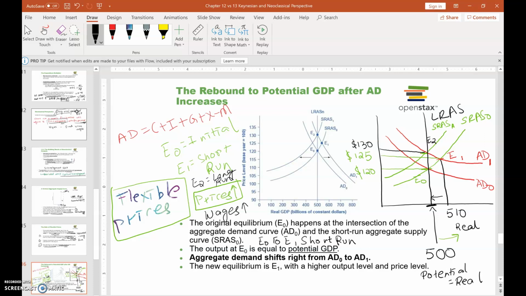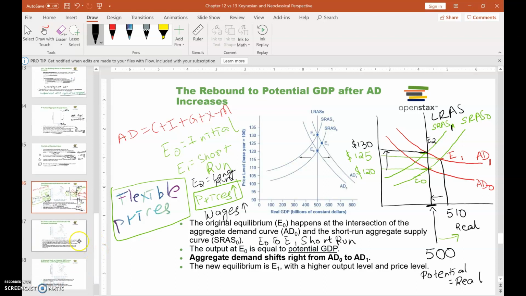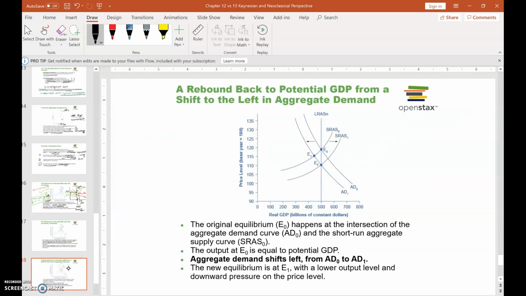So we can have flexible prices, flexible wages, and in the long run we are back to the potential GDP, but only the prices go up in the long run. Alright, I'm going to look at the next graph really quickly.